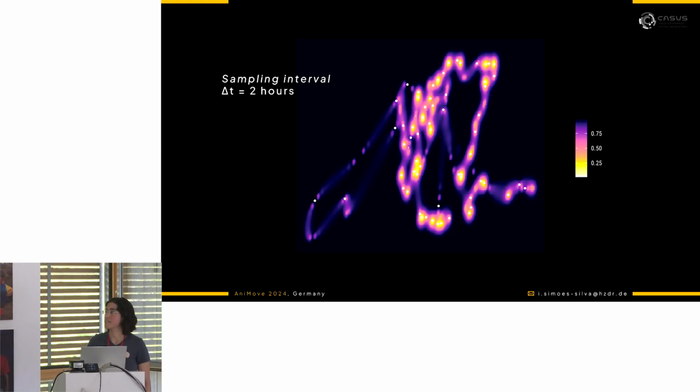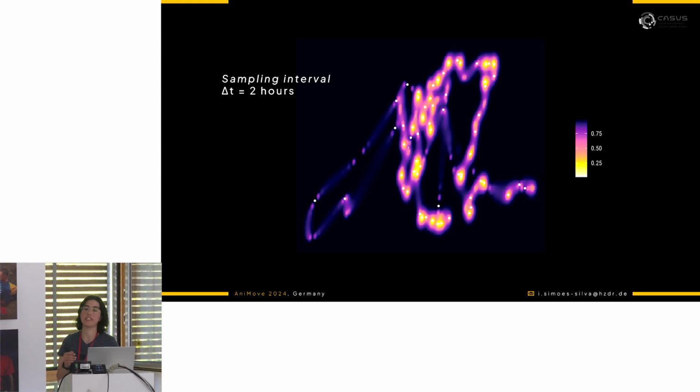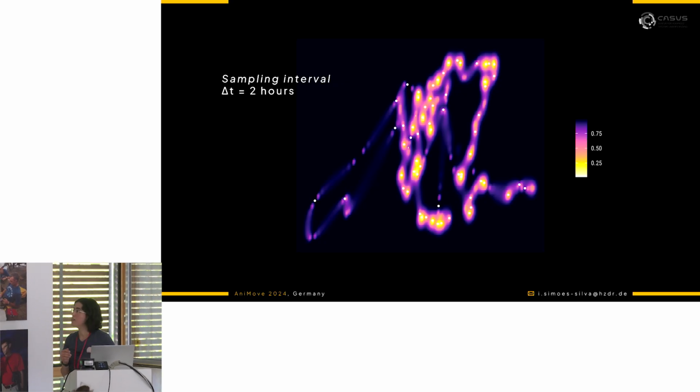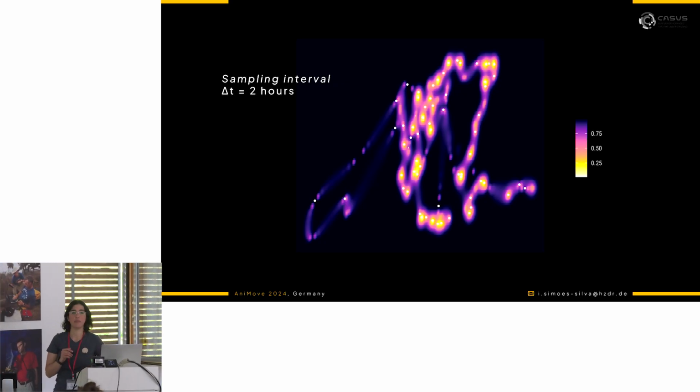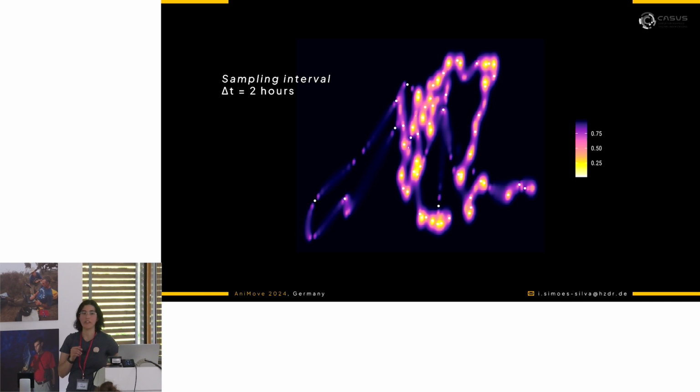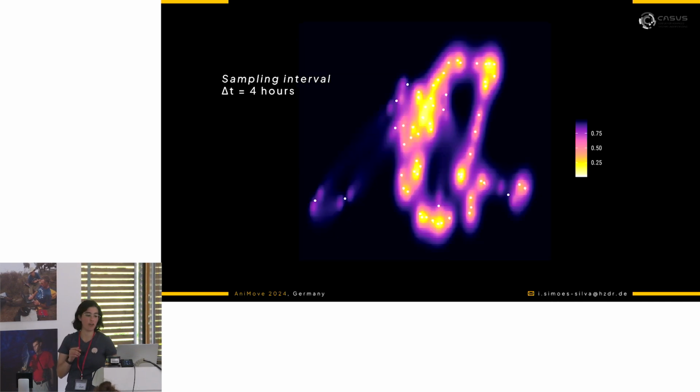If we start, just as an example, subsampling to see the impact, now the occurrence distribution starts getting a little bit more blurry, right? We're less certain now about where the animal potentially crossed. And if we keep doing that, in this case going from 2 to 4 hour sampling interval, we're getting a bigger and bigger occurrence region where the animal was likely crossing.